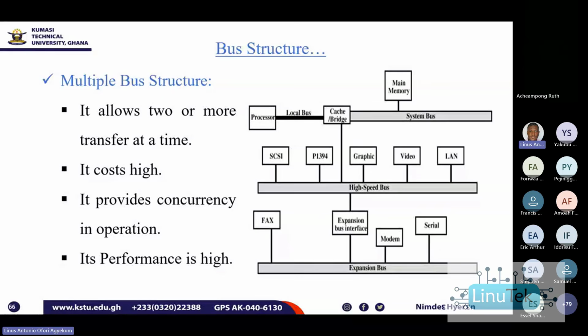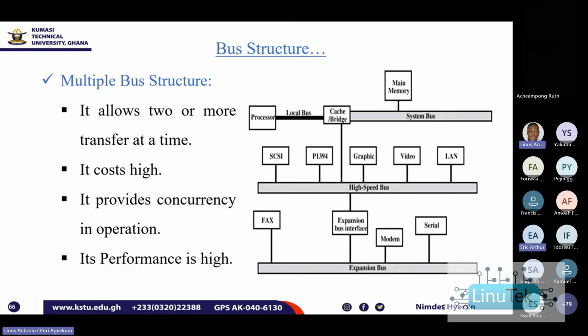In the image you see here, you would see a main memory with a bus system or a system bus, and that is connected to a processor. Now you see that that system bus has been bridged to a high-speed bus, and that high-speed bus has also been expanded into another bus.